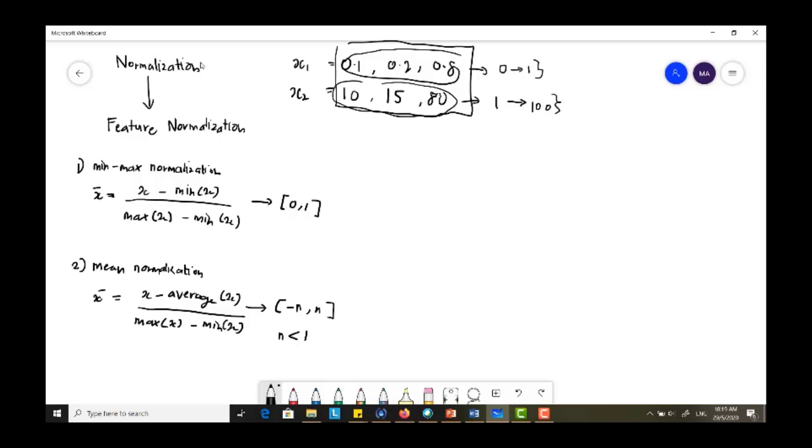If you apply normalization to x1, you will end up with scaling from 0 to 1, and if you apply normalization to this one, you will also end up with scaling from 0 to 1. Then it will be fair to combine x1 and x2 in one matrix. So that is the purpose of normalization in general.